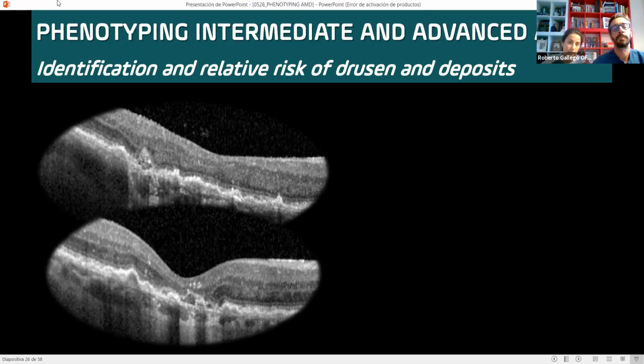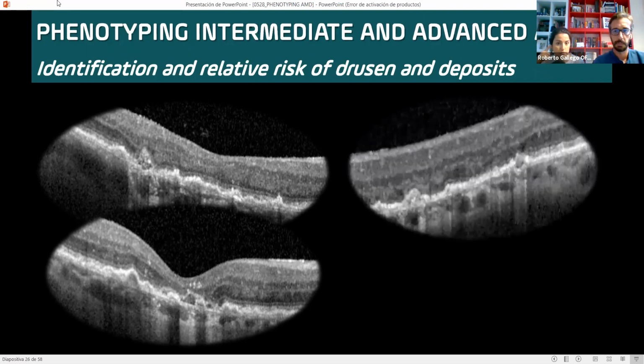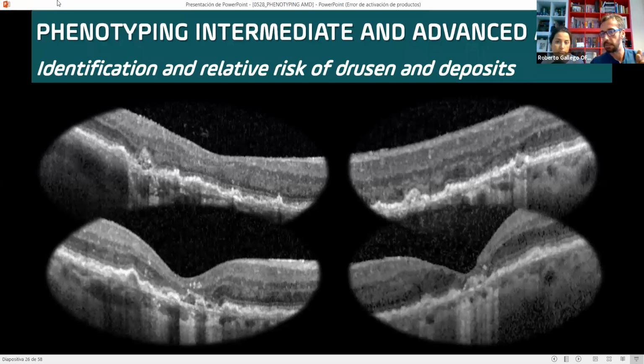It's more like a plateau. That's why the group by Dr. Freund renamed it plateau. And those correspond to basal laminar deposits after the reabsorption of a drusenoid PED. So these are hyperreflective drusen, and this is a plateau. Okay, I understand.